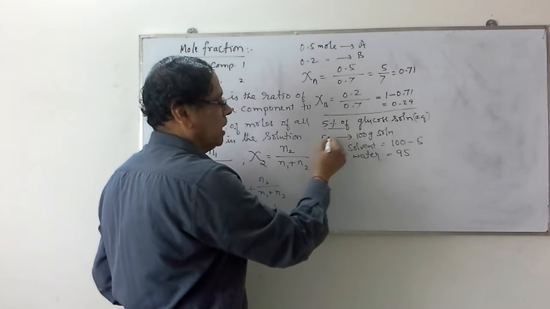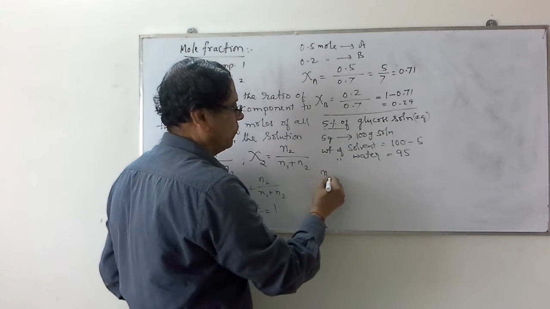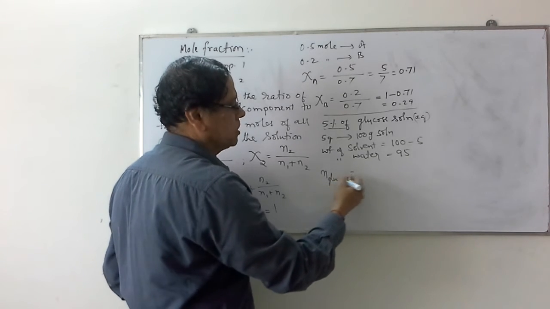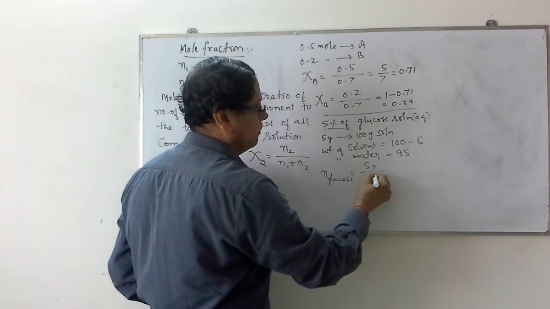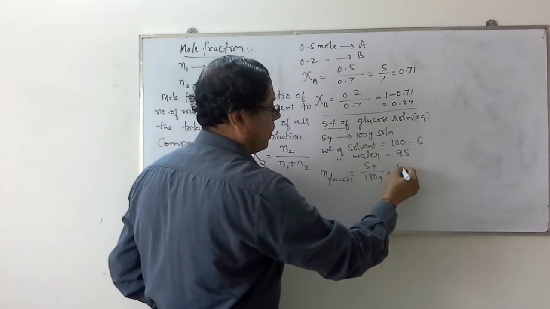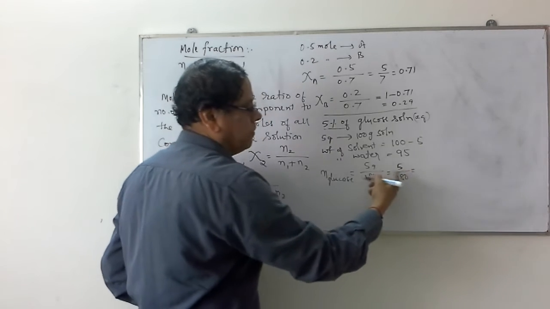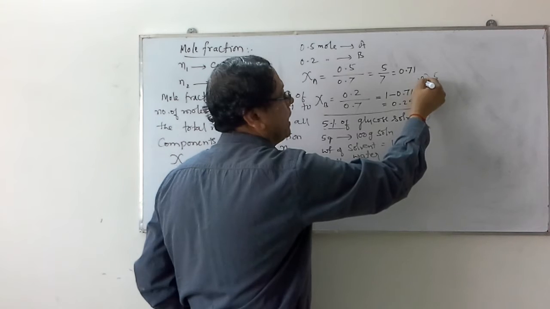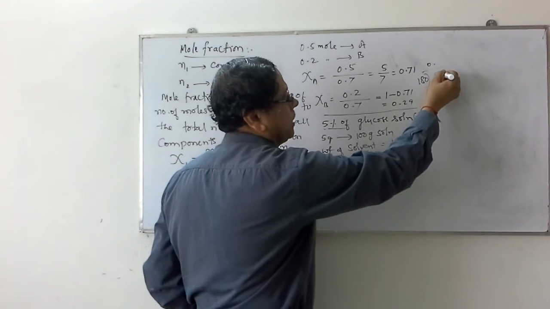Then to calculate the mole fraction of glucose, first you calculate the number of moles of glucose. The number of moles of glucose is equal to the mass, 5 grams, divided by the molar mass 180. This is equal to 5 by 180. You cannot divide 5 by 180 directly, so keep a decimal point and take 0.